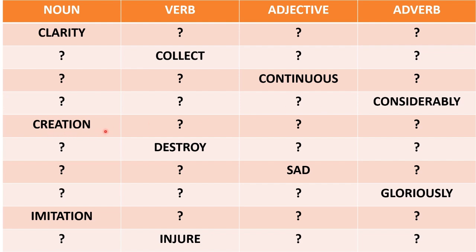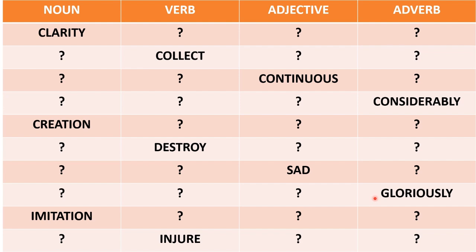Then you have creation, noun form. The remaining three forms are not there. Next you have verb, destroy. Noun, adjective, adverb are not there. Then you have the next word, adjective, sad. Noun is not there, verb and adverb are also not there. Next you have adverb form, gloriously.